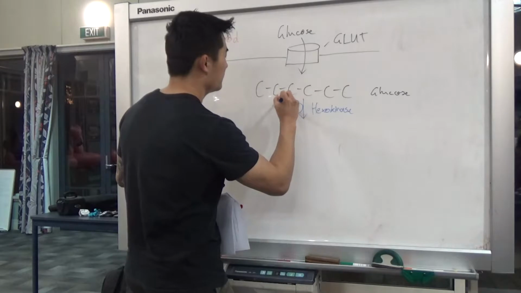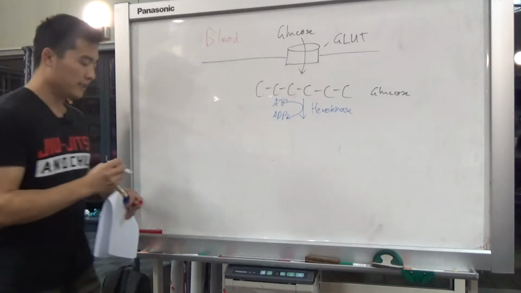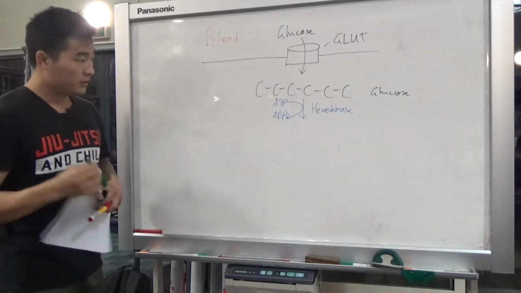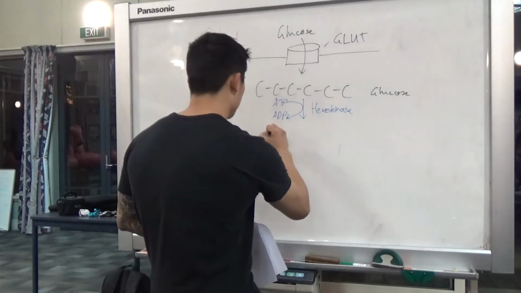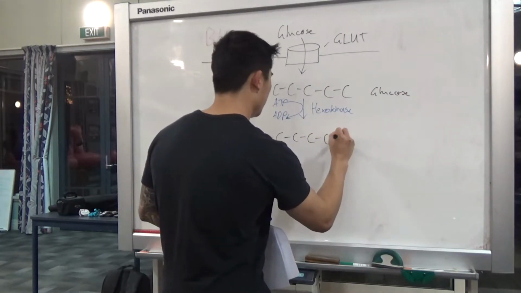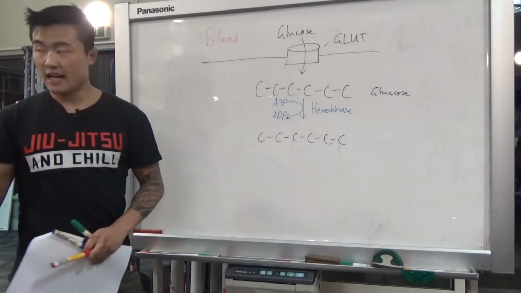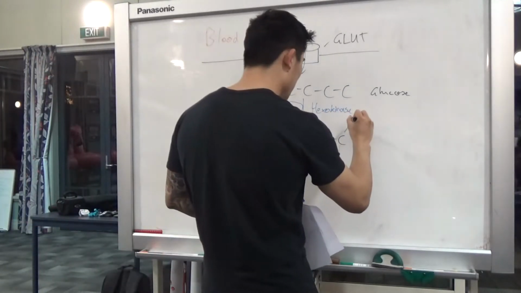So ATP turned into ADP. Now you've still got a 6-carbon molecule, 1, 2, 3, 4, 5, 6. It's going to put the phosphate on the 6th carbon, on this last one here.